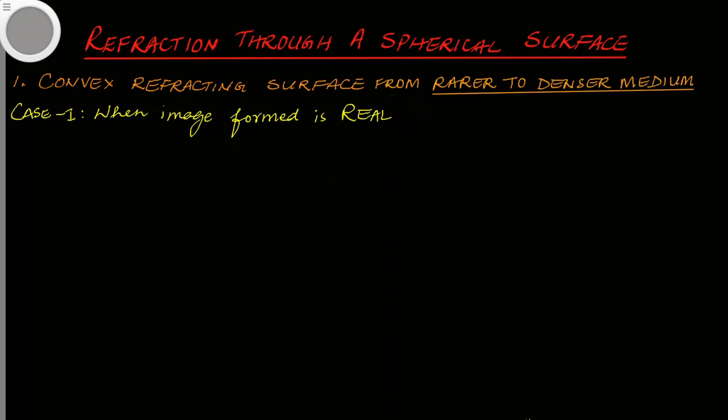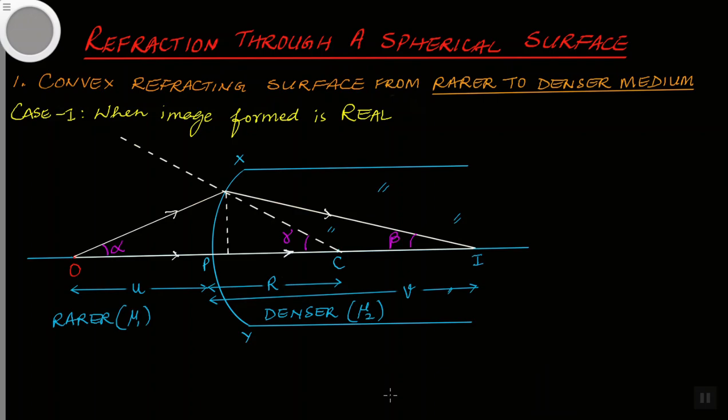Let me draw the diagram very quickly. You can see here in this diagram, this surface is the convex refracting surface. I have named the surface XPY. You can see this shaded region. I shade this part just to show that this is the denser medium and the refractive index is mu2.